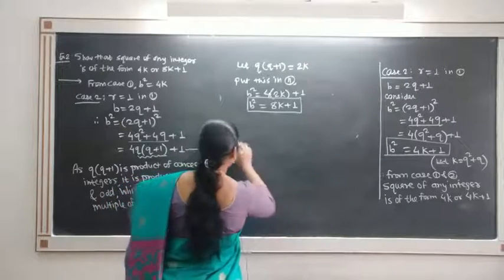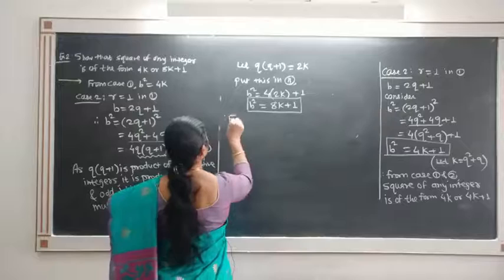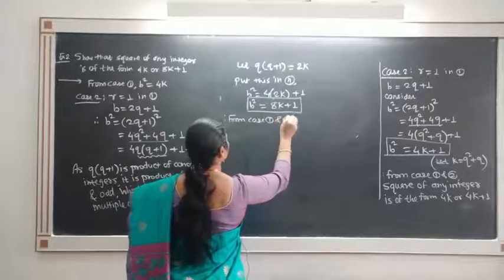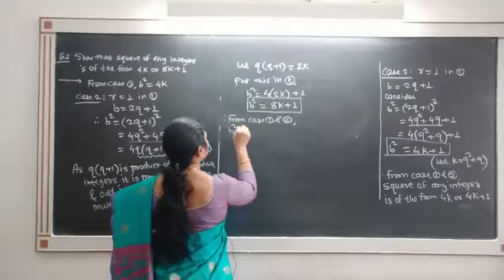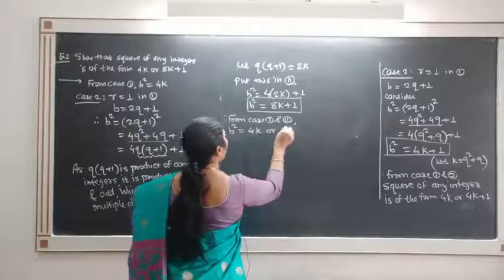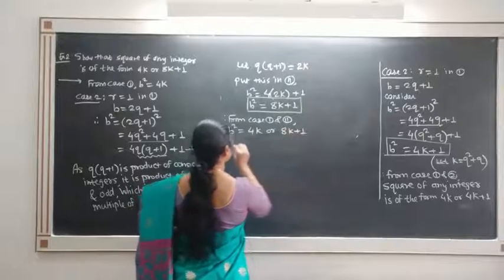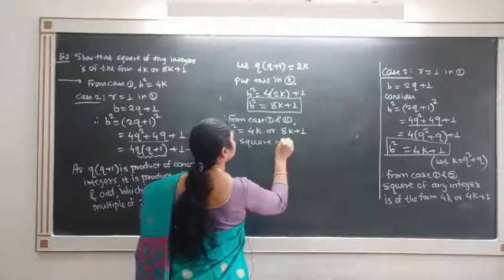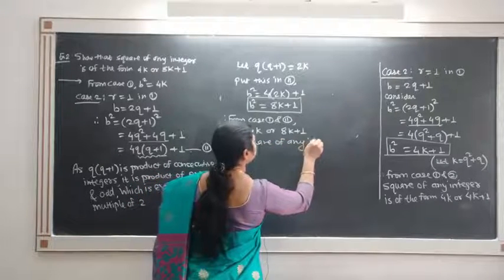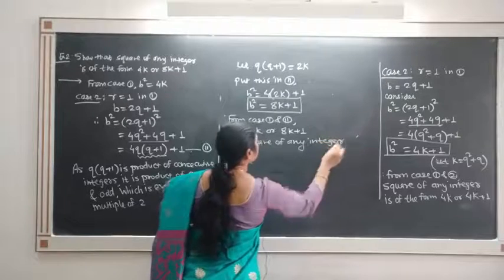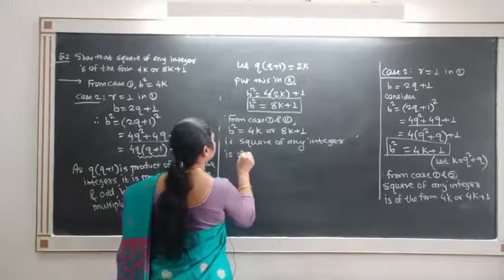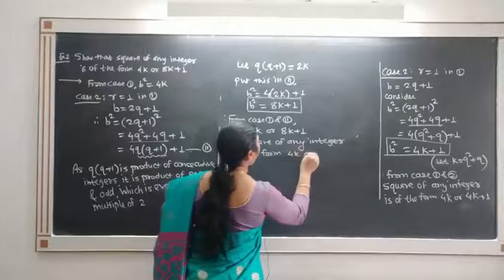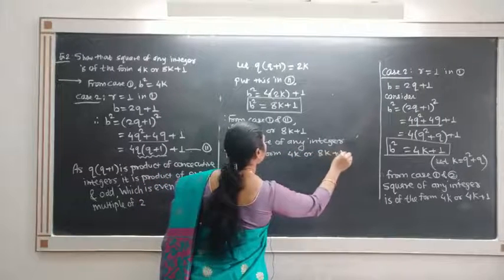So from case 1 and case 2, b square is either 4k or 8k plus 1, that is, the square of any integer is of the form 4k or 8k plus 1.